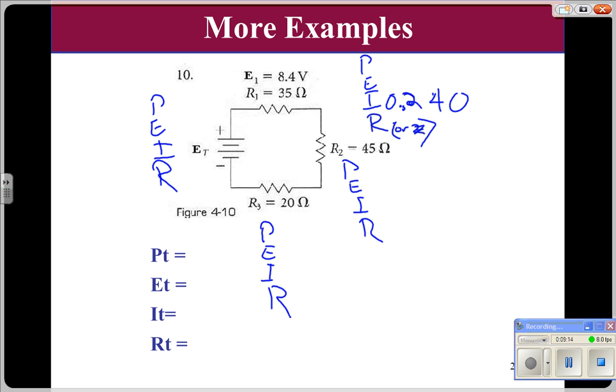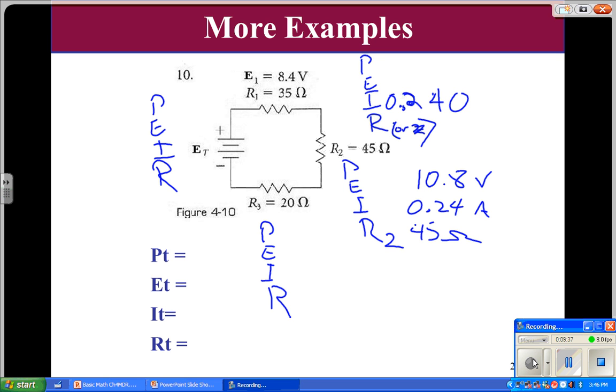Okay. So now we know that R2 is 45 ohms, right? And we know that the current is 0.24, right? Everybody with that? So we're going to multiply up to get the voltage. 45 times 0.24 is what? All right, so we're going to go to the next one.